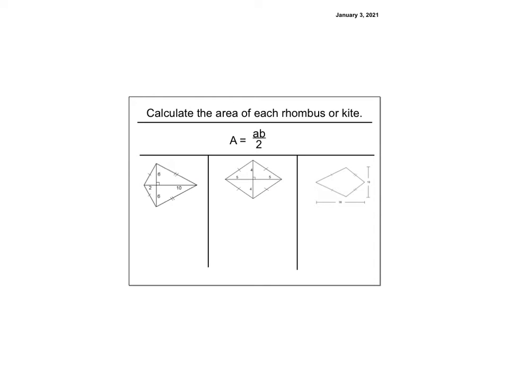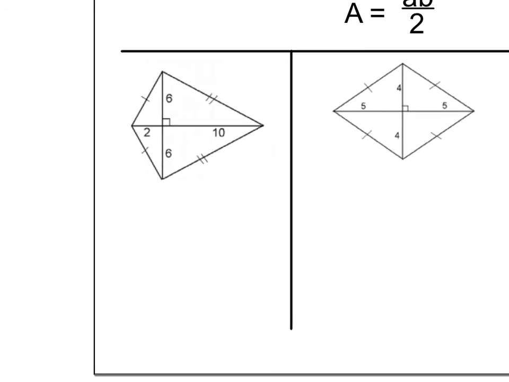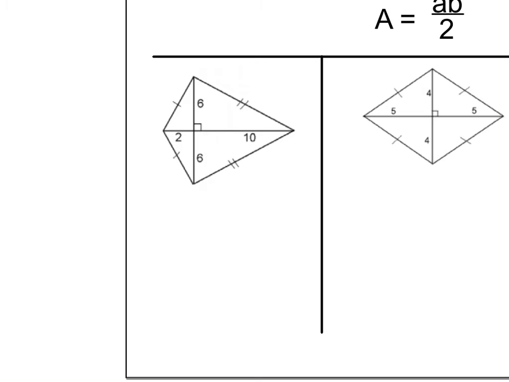So what you need to do first is just figure out how long each of your diagonals are. Now some will give you the total diagonal, some will give you each of the pieces. So I see for this first diagonal, I have a section that's 2 and a section that's 10. So that whole diagonal is 12. And then here I have 6 and 6, so this whole diagonal is 12.